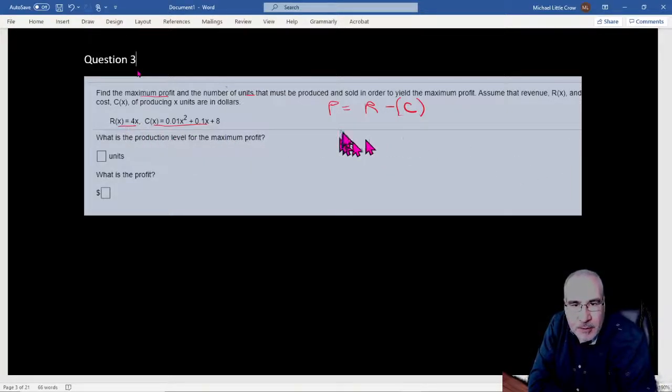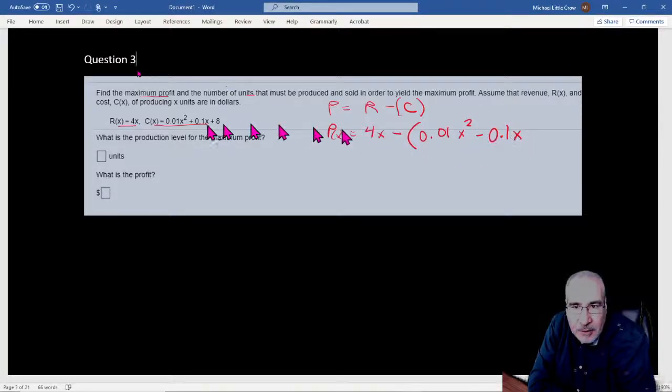So we're going to put this in. Our profit function, P of x, equals 4x, that's the R of x, minus parentheses. Always do this part. Sometimes you think, I can just shortchange it and change all the signs. If you're good with that, fine.